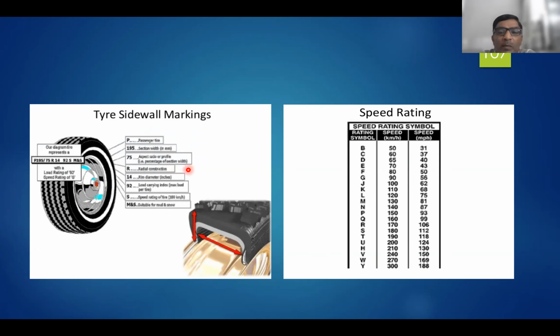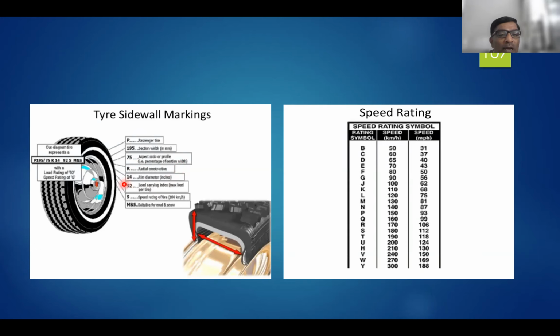Sometimes you might have seen such a designation on the sidewall. What is the meaning of such a designation? R means radial construction. What is this 14? That is the rim diameter, usually given in inches.